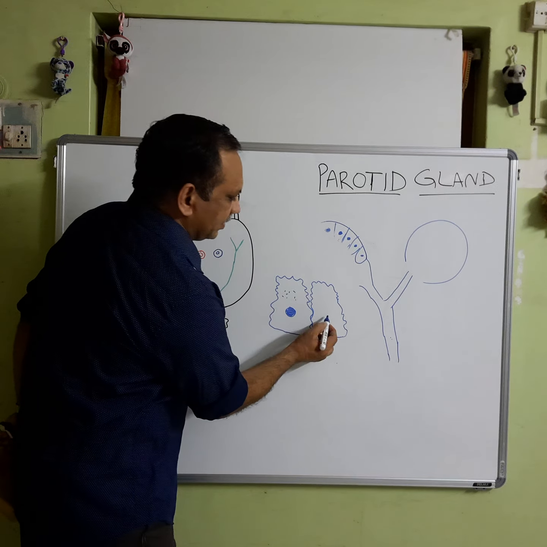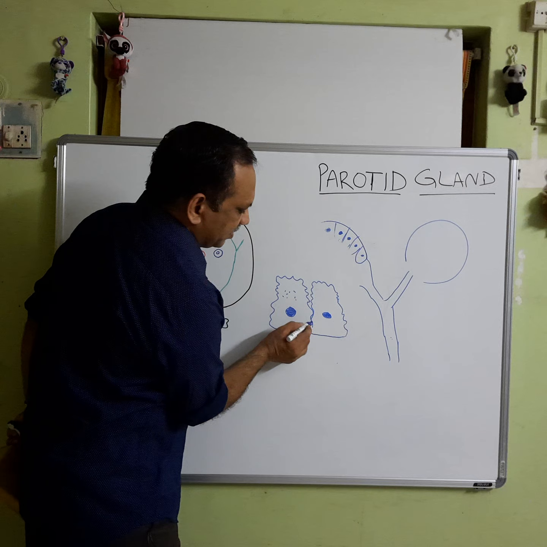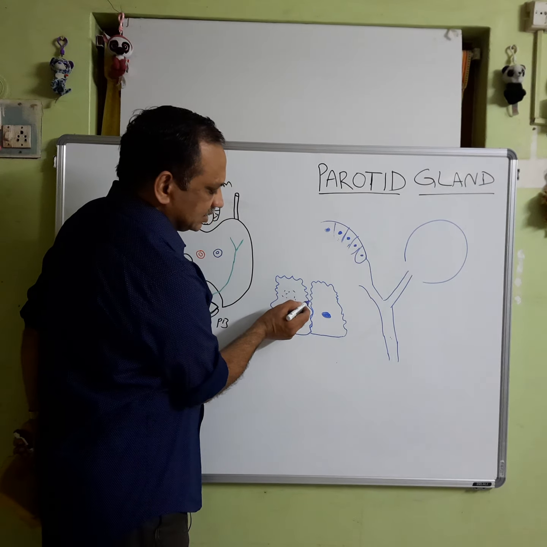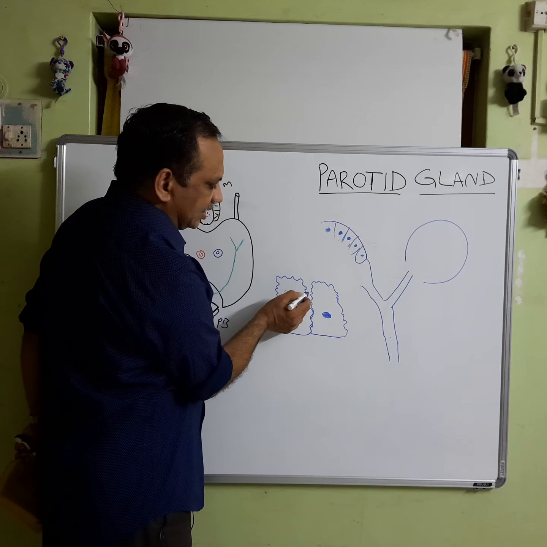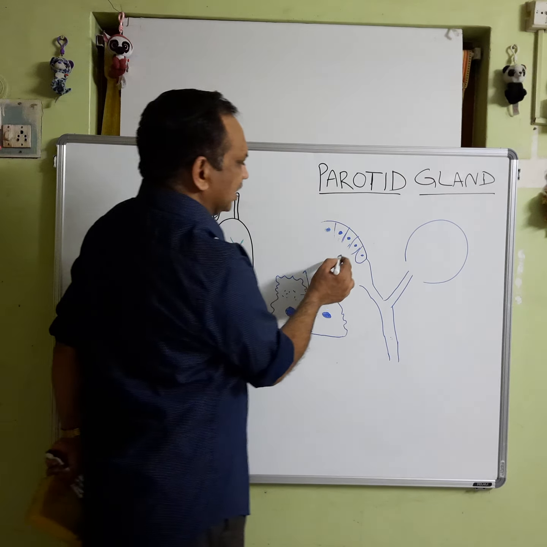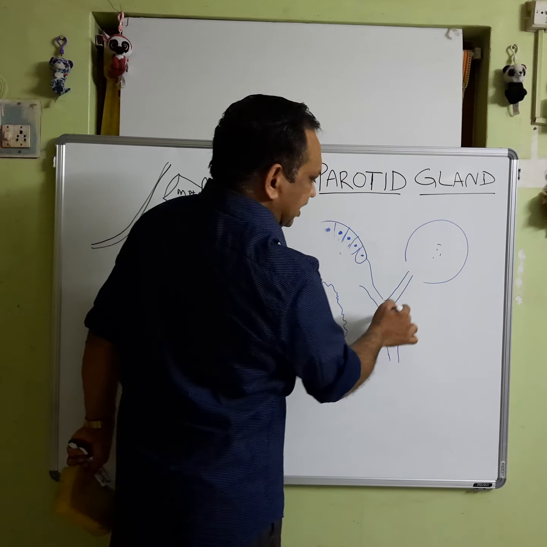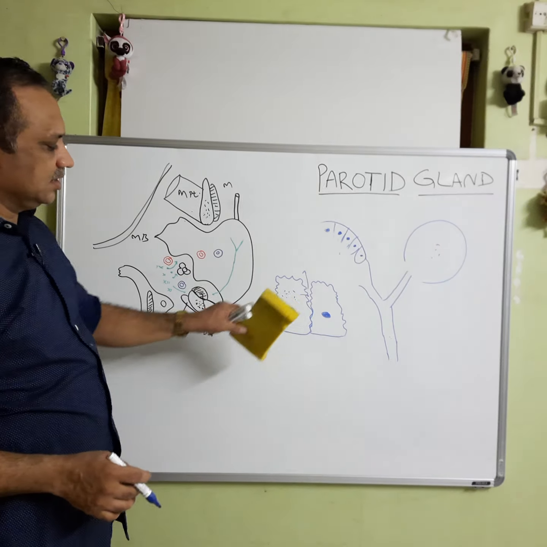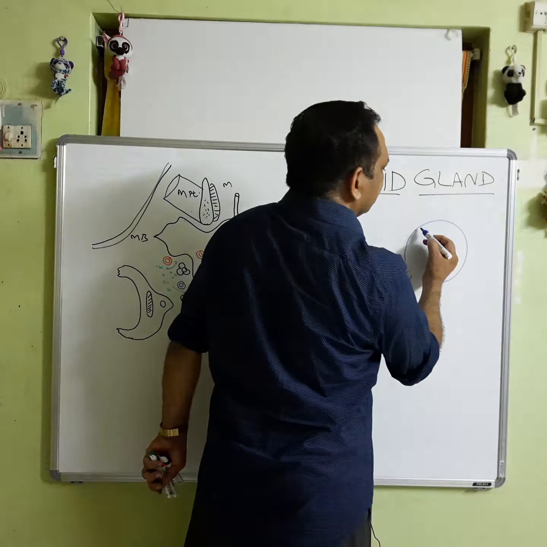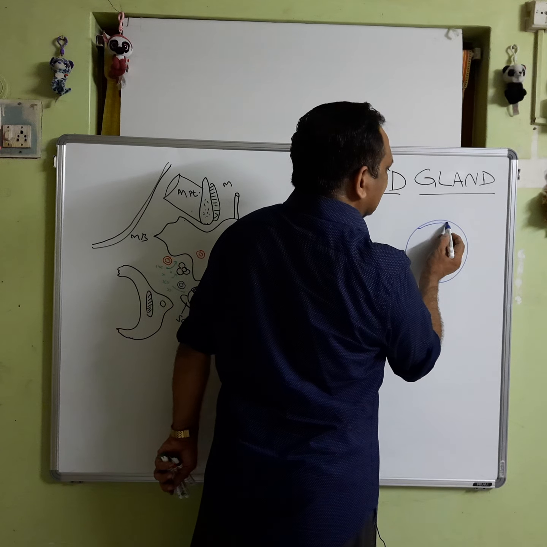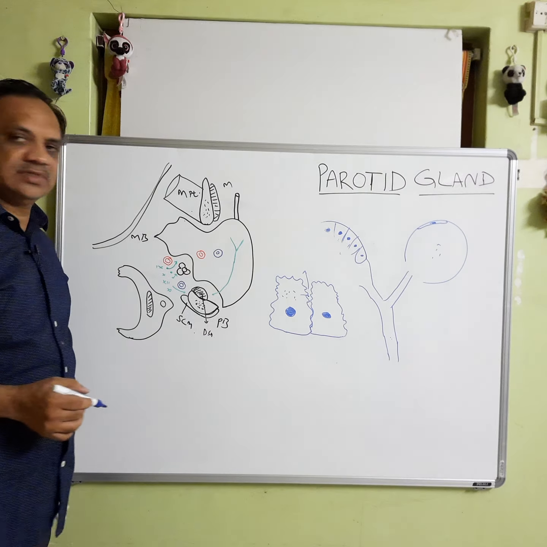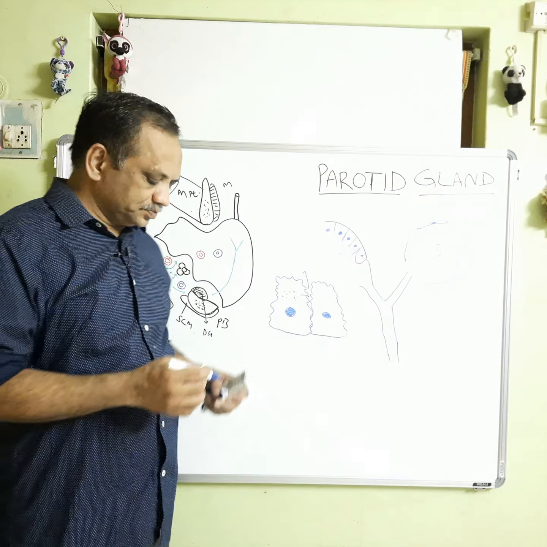You can see at the base both are connected by tight bonding, but near the apex there are intercellular canaliculi. The secretions are released into these spaces, and from there into the alveolar space, and from there to the duct system. So, this is about the serous acinus. Under the basement membrane here and there we will see flat cells, they are the myoepithelial cells. Details we will see in another video.